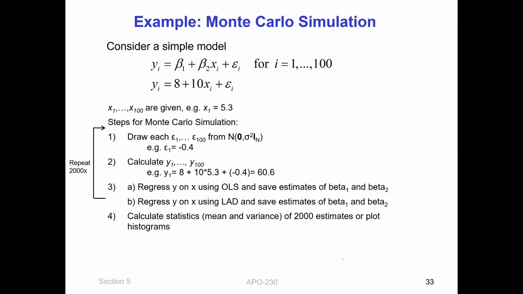Okay, like I said before, we could prove these properties analytically. However, maybe it is more intuitive or convincing if we could show it with real numbers, right? And the nice thing with simulation is you actually can control or know the true parameter, what we call the data generating process. So we know what the beta actually is. The principle, the idea, is the following. First of all, you draw some random residuals.